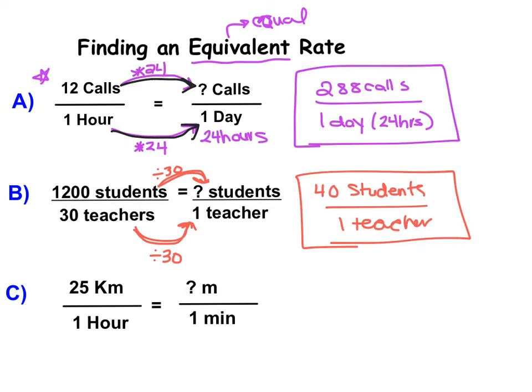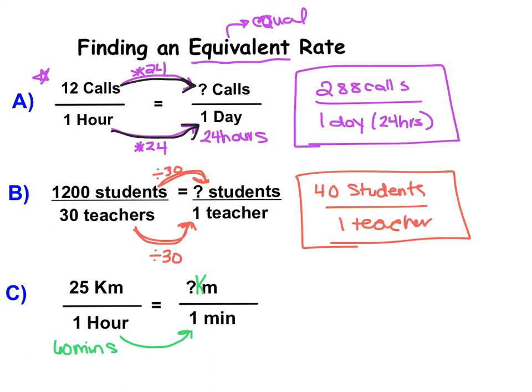All right, this last example says we travel 25 kilometers in 1 hour. I'm trying to figure out how many kilometers I travel in 1 minute. This should be kilometers here, sorry for the confusion. I notice again that I have unequal units, but what I do know is that in 1 hour there are 60 minutes.